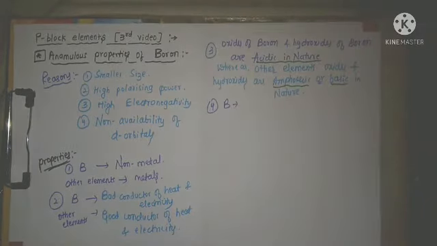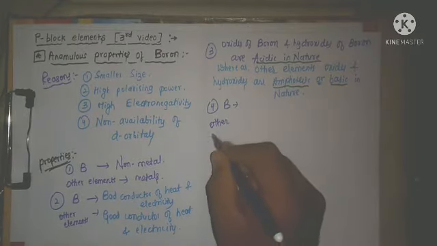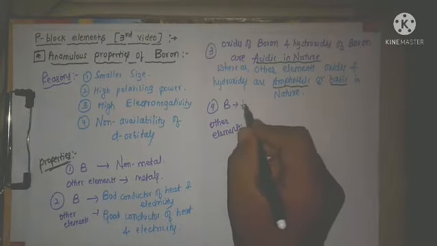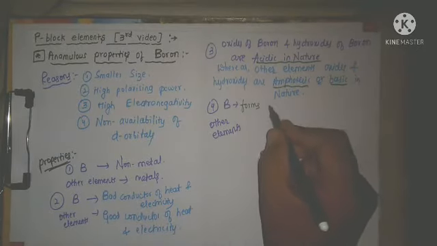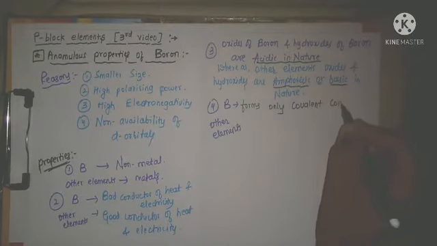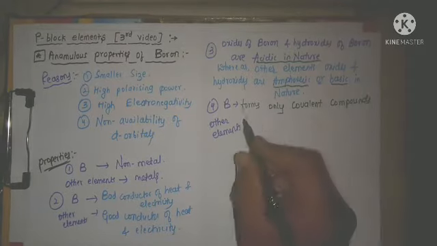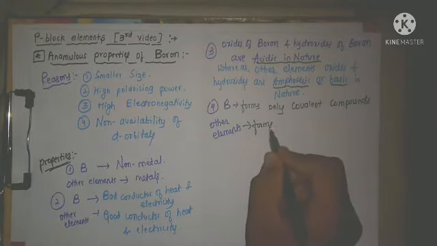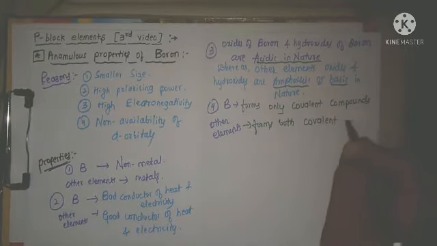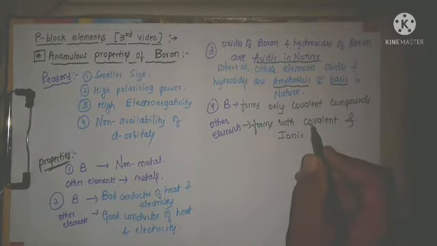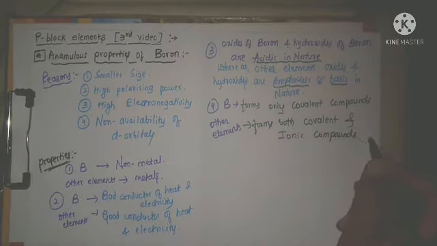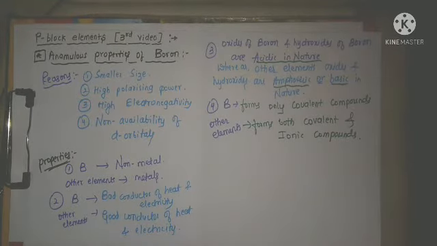Boron forms only covalent compounds, whereas other elements form both covalent and ionic compounds. This is another anomalous property of boron.